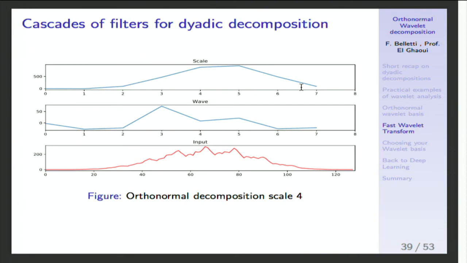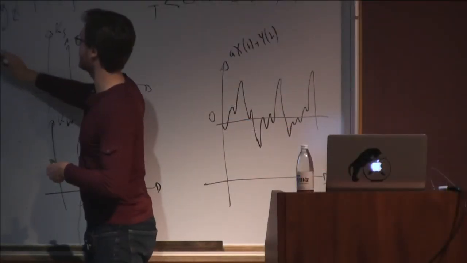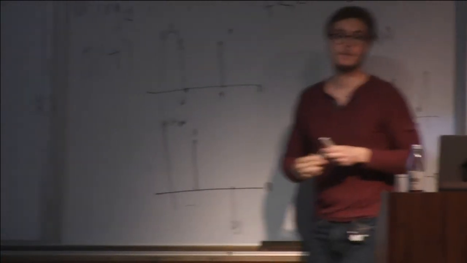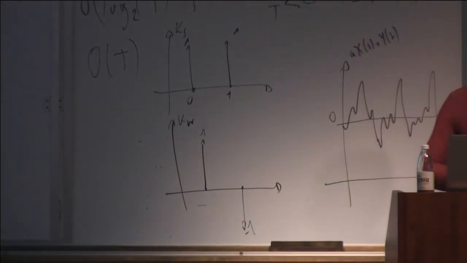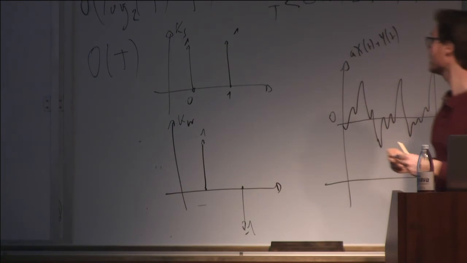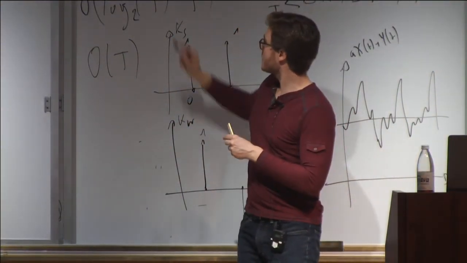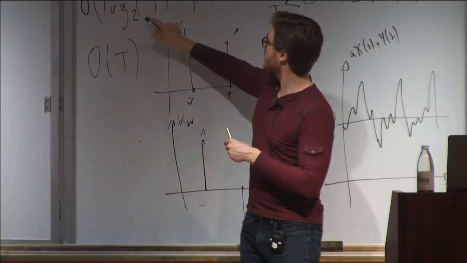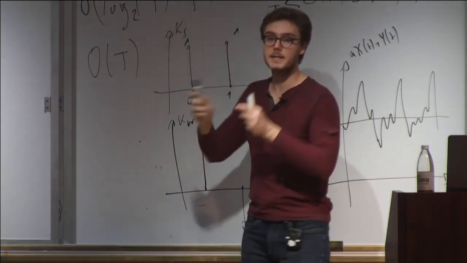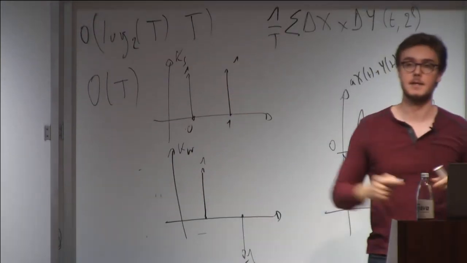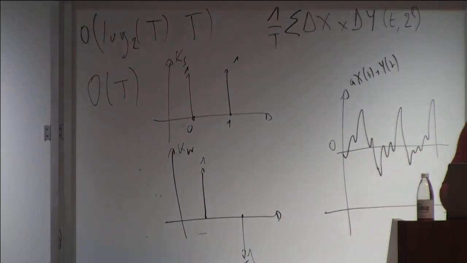Which means that effectively now the complexity of the algorithm is O(T). I eliminated the fact that for each of the log2 scales, I needed a convolution of a sequence of length T. Now I convolve with a sequence of length T over 2 to the power of L. And so if you sum that, you find T.